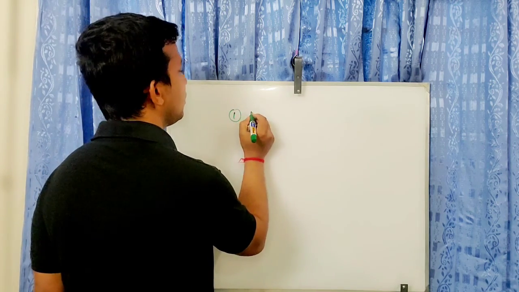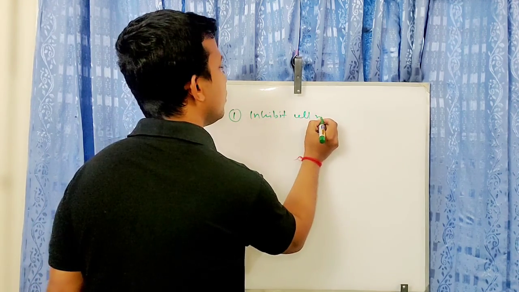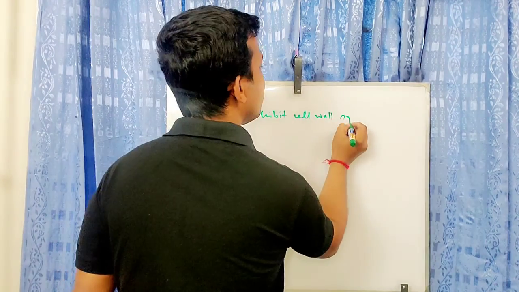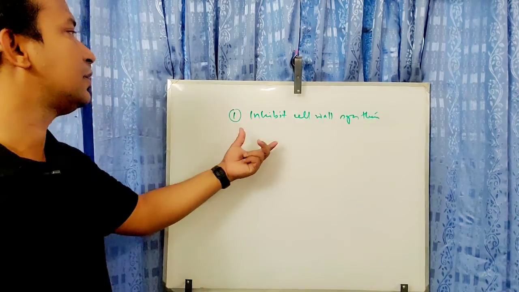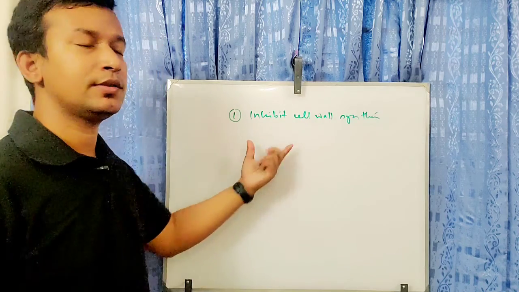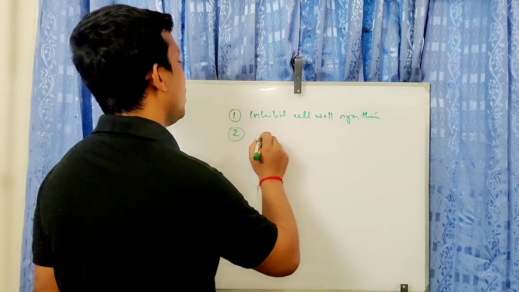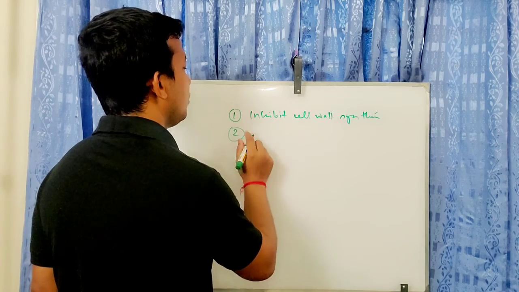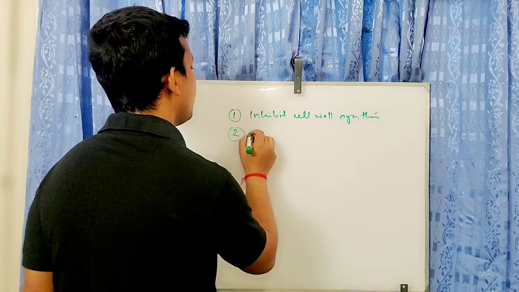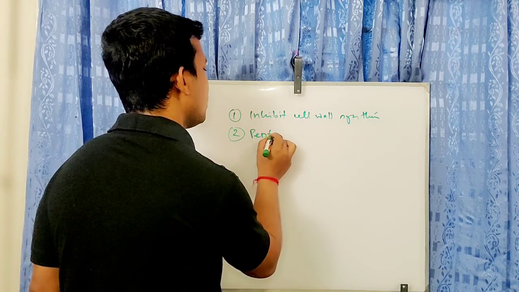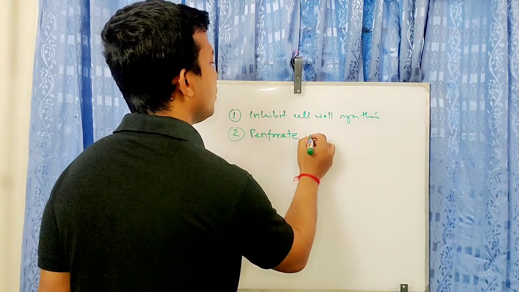Number one, inhibit cell wall synthesis. They are the antibiotics that directly inhibit the cell wall synthesis. And second thing they can do, they can make holes in the cell wall, I mean perforate the cell wall.